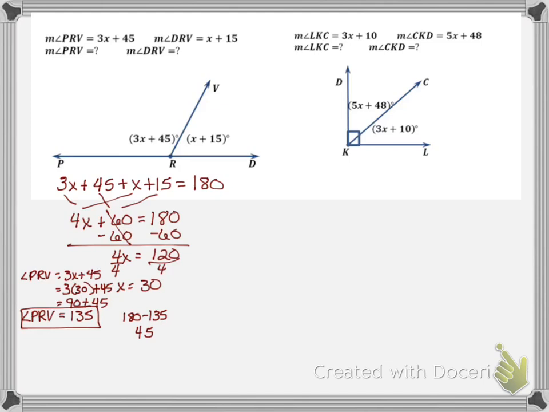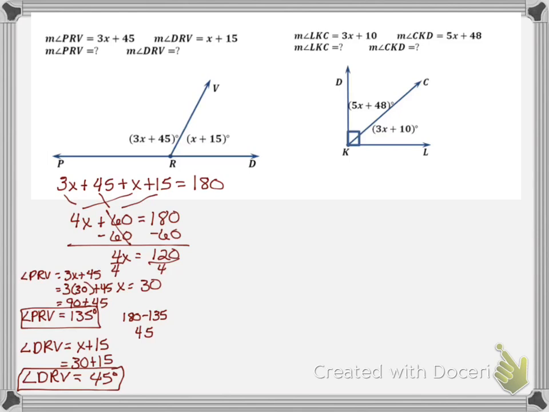Well, if we check this, where we have angle DRV, it's x plus 15, and x equals 30, so we add 30 plus 15. So we're going to find out that angle DRV does indeed equal 45 degrees. I need to put degrees there as well.